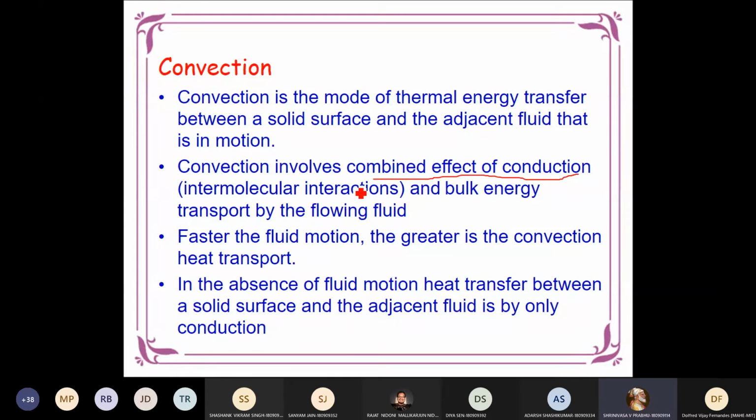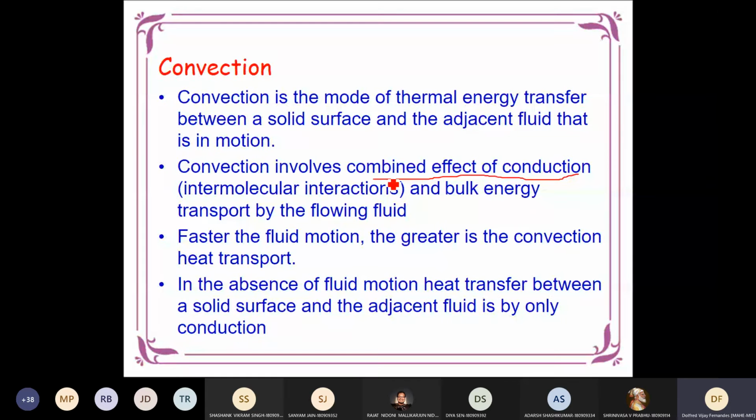Sir, by increasing the motion, you are setting more molecules in motion, right? Yes, so the chances of collisions are more. That is one thing. Another thing you think about is the capacity. Capacity of heat transport will increase.